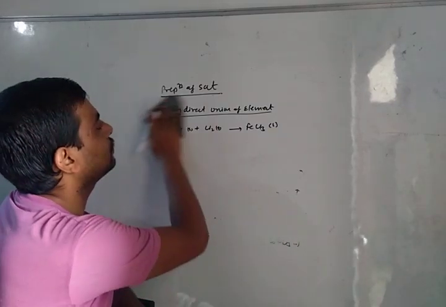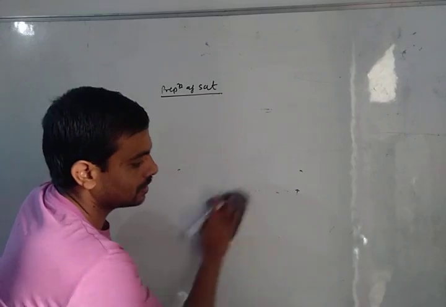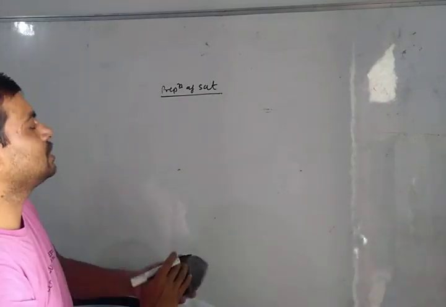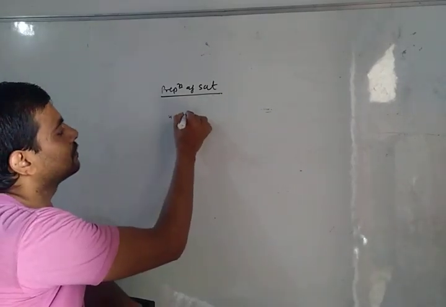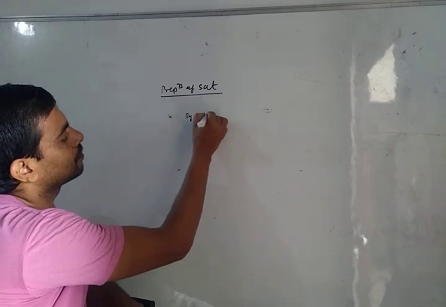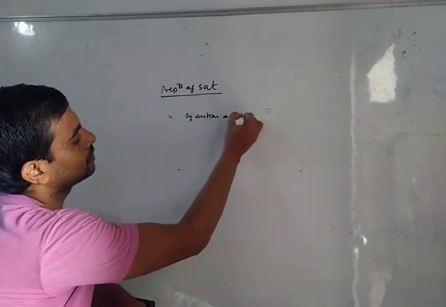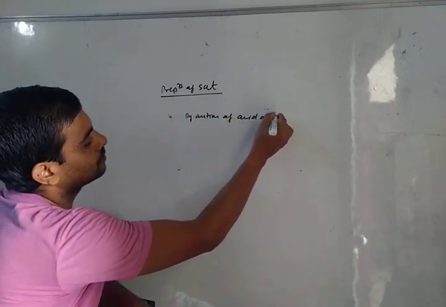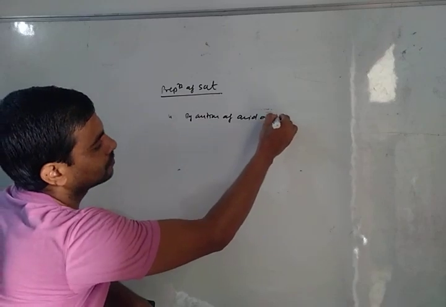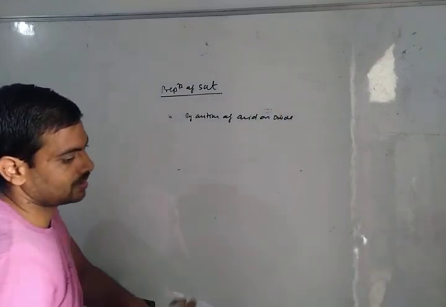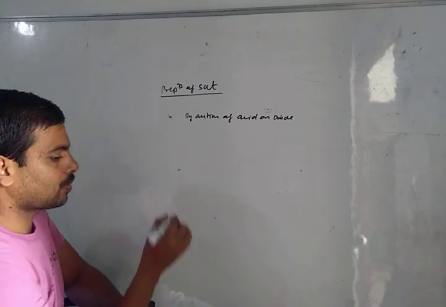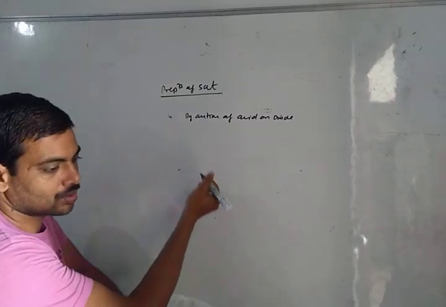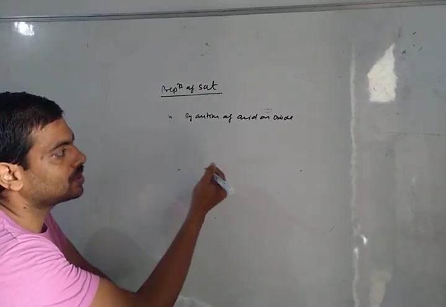The fourth method for the preparation of salt is by action of acid on oxide. In this process, the oxide is a metal oxide or basic oxide.